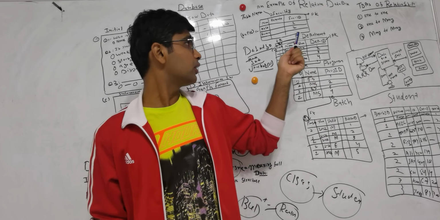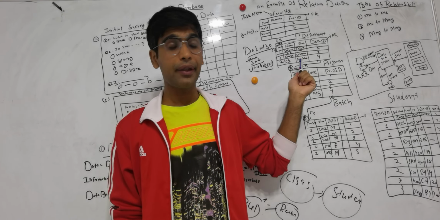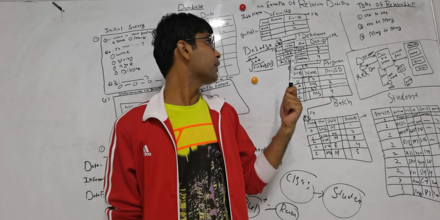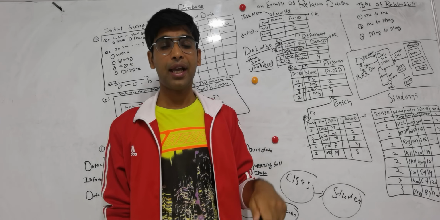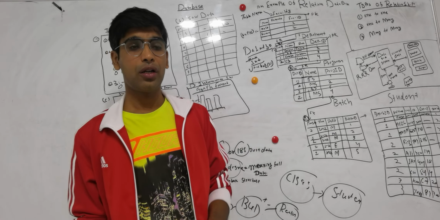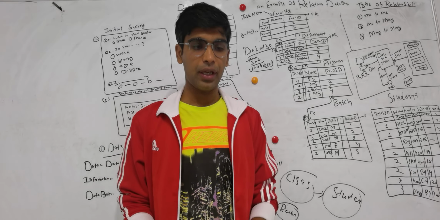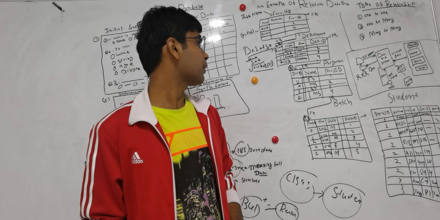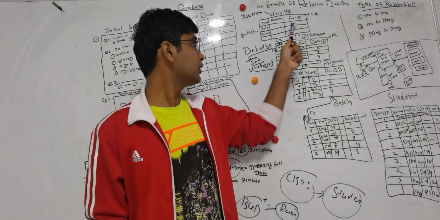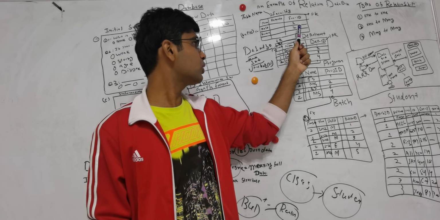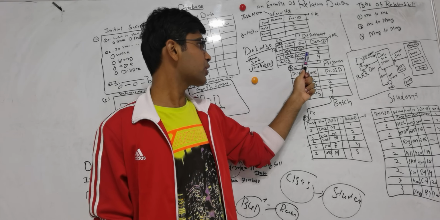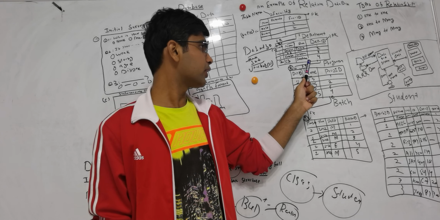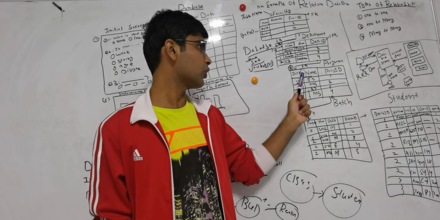As you can see, the other table is the department. Each faculty has different departments, such as science. Science has computer science, electronics. There are many departments in the science faculty.